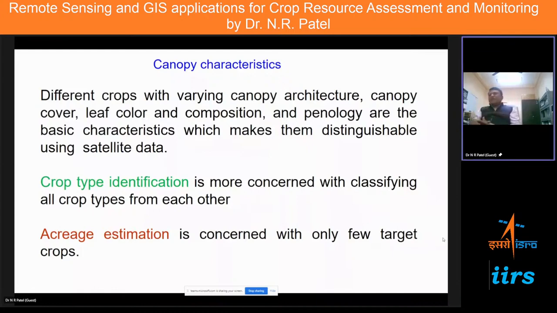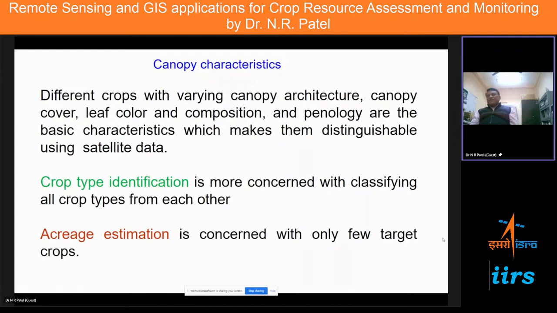You will acquire the satellite image best suited for the wheat crop only. You will carry out ground truth when the wheat crop is at the maximum growth stage, and you will have a focused methodology and all other things ideally suited for the wheat crop. So you can improve the accuracy of wheat crop classification, and finally all other crops you can put as non-wheat or other crops. So acreage estimation is quite easy, but crop discrimination or crop type identification is a challenging task.